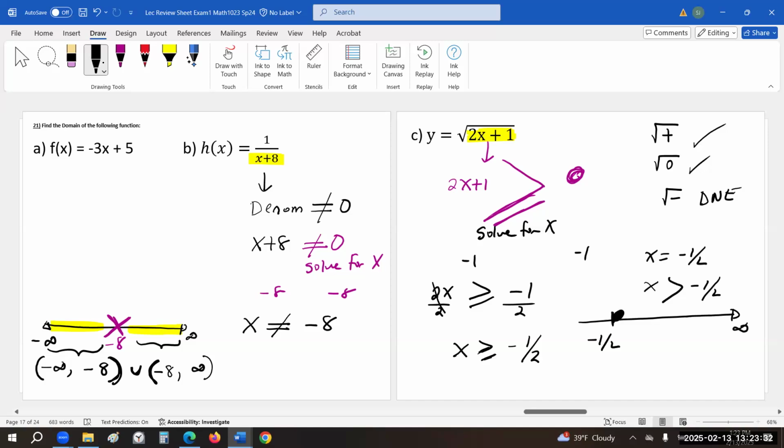We're allowed to use it, and we can use everything that is bigger than -1/2. So this is our solution. How are you going to write it in interval notation? So -1/2, since we can use it, it's a bracket, and then infinity with a parenthesis. So a square root function gets a bracket in the domain, but a rational gets only parenthesis in the domain.